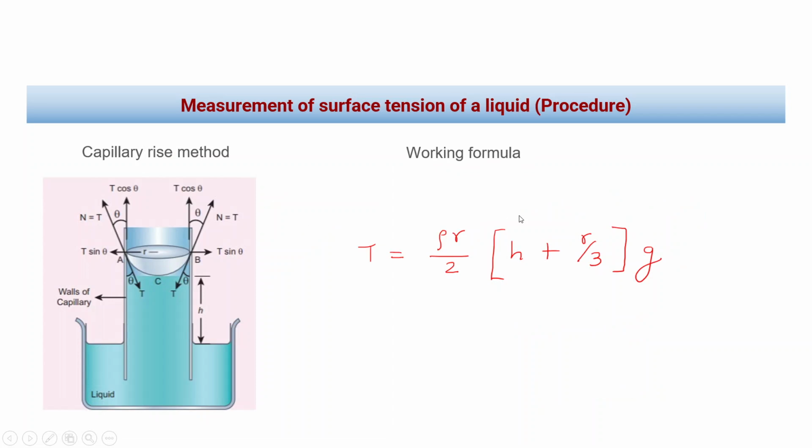Then we had also discussed surface tension, its theory, and how the experiment is to be done to find out the surface tension of any liquid. Again, the working formula is here, but maybe we don't need this for this particular module. Since we are doing a summary, I'm just letting you know what experiments we had covered earlier, which, if you're interested, you can see in the already uploaded videos.